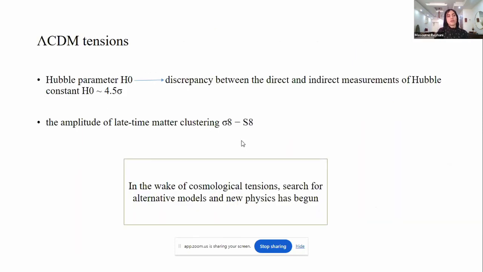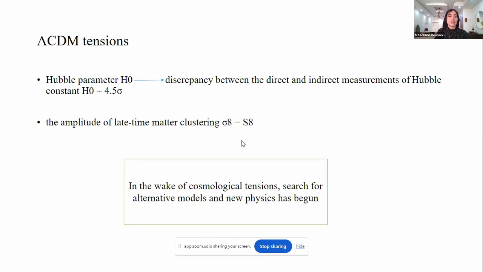But what is the problem with Lambda CDM? As we know, there are some tensions in the Lambda CDM model. One of the most important is the Hubble tension, at about 4.5 sigma standard deviation, which is a discrepancy between the direct and indirect measurements of the Hubble constant.